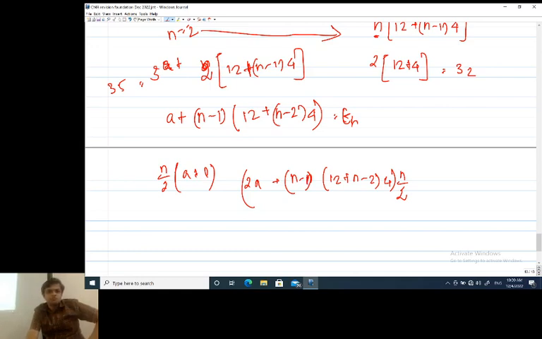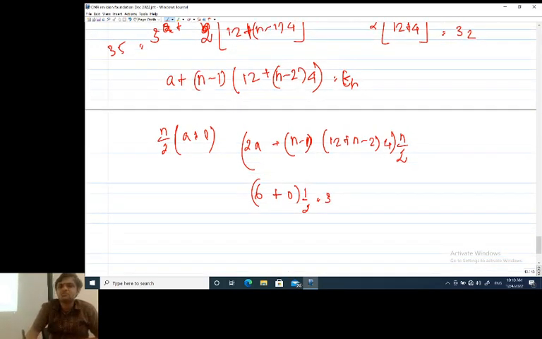Let us check. Let us take N as 1. So 2A becomes 6 plus N minus 1 becomes 0. So this full term becomes 6 into 1 by 2, which is 3. It works. The first term 1 into 3 is 3.